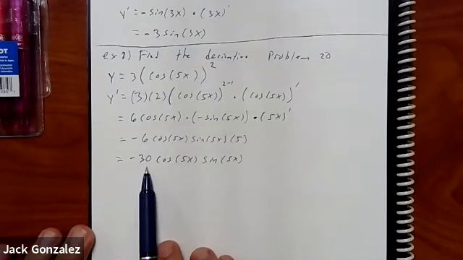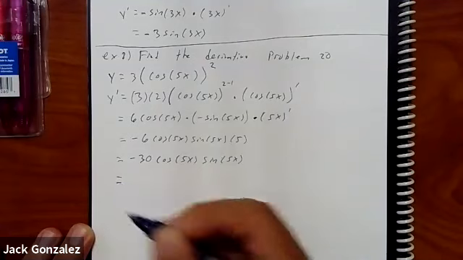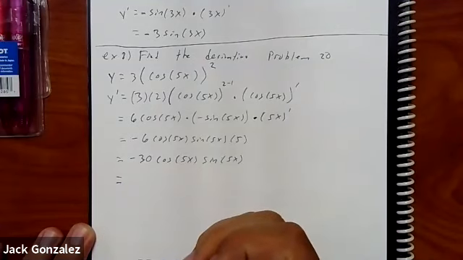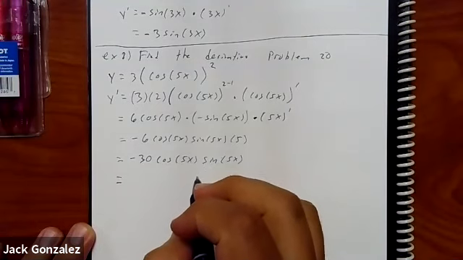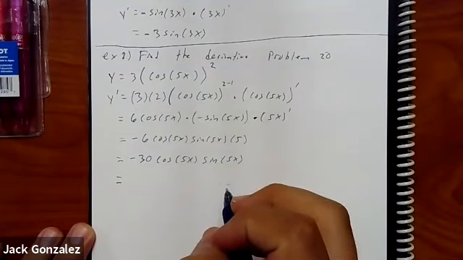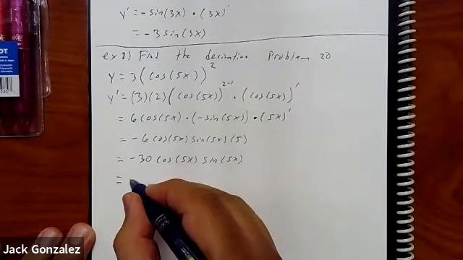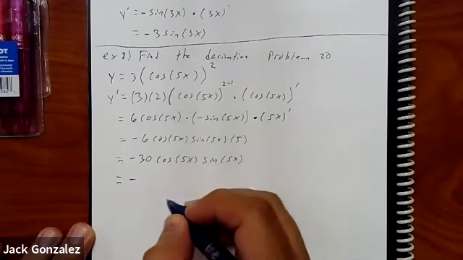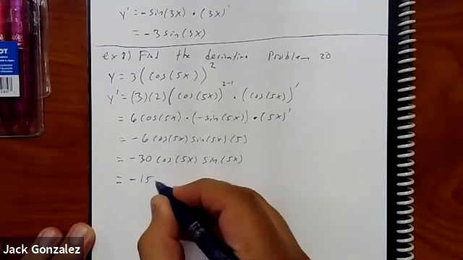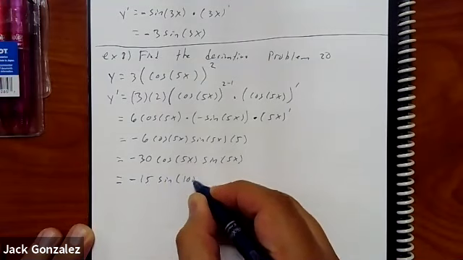So what you could do, you don't have to, but you could combine this into the double angle. Because sine 2 theta is equal to 2 sine cosine. So you could change this into 15 sine of 10x.